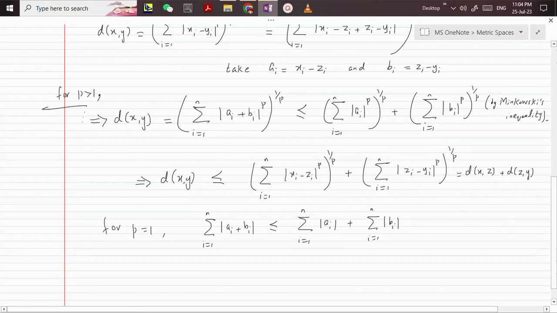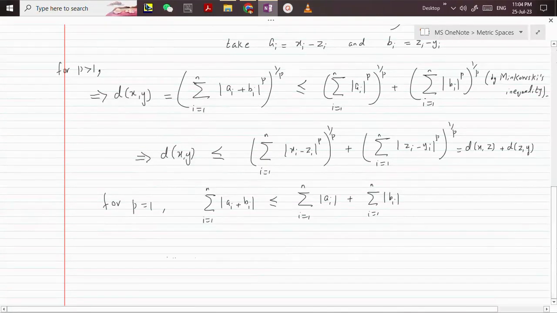So in this case and this case, the triangle inequality holds. Hence, for p greater than or equal to 1, the triangle inequality holds.